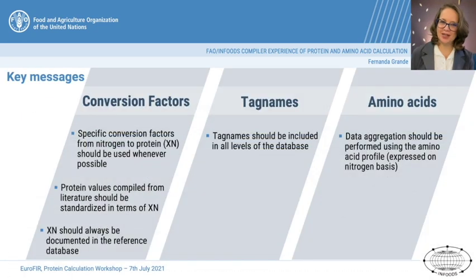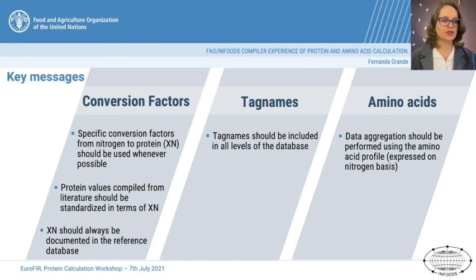So, to summarize, based on my experience, the key issues for compiling or calculating protein and amino acid data are related first to the conversion factors. The specific conversion factors from nitrogen to protein should be used whenever possible. The protein values compiled from the literature should always be standardized in terms of conversion factors used.